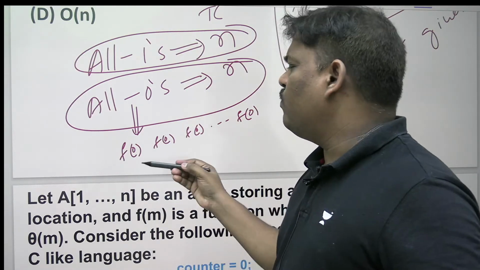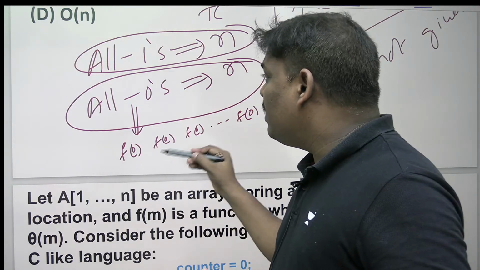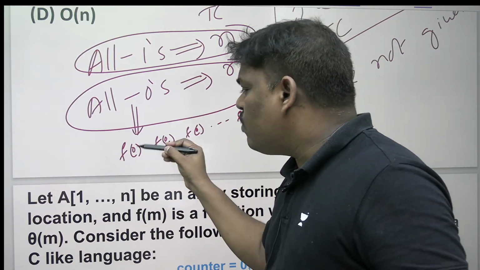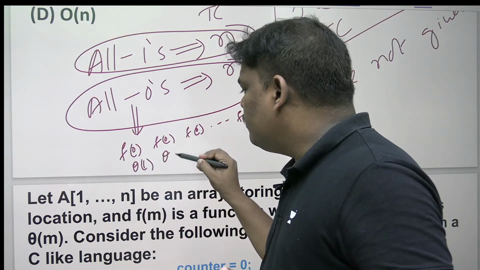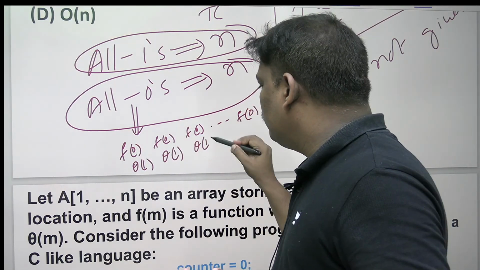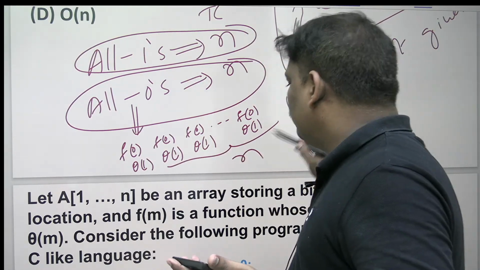Counter is 0, F of 0, F of m has time complexity theta of m, so F of 0 has time complexity theta of 0, which means constant. Theta of 0 means constant, which leads to n.